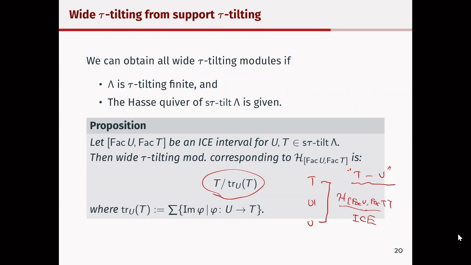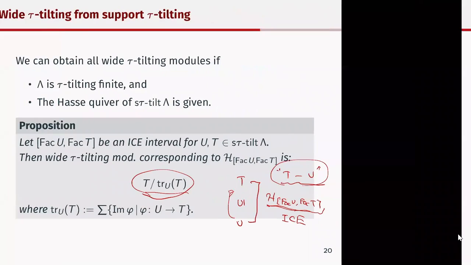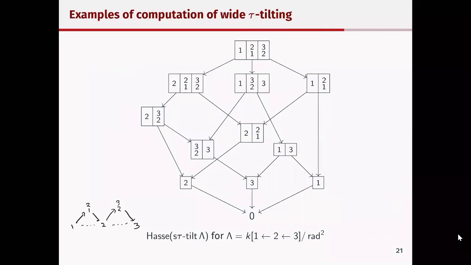We mod out all possible maps from U to T, then we obtain the corresponding wide tau-tilting module. In the first section, I explained how to obtain all ICE intervals. So combining these results, we can calculate all wide tau-tilting modules for the tau-tilting finite case in principle.